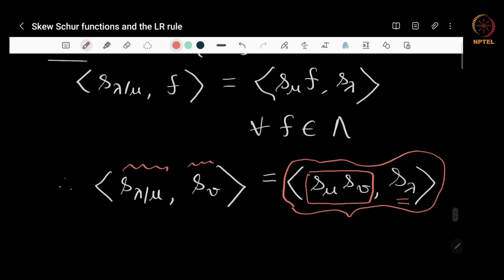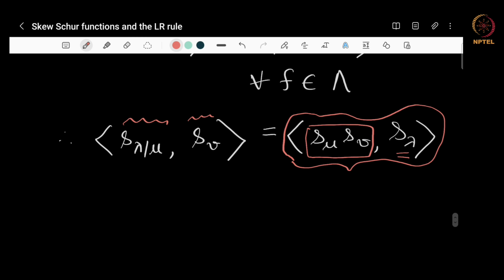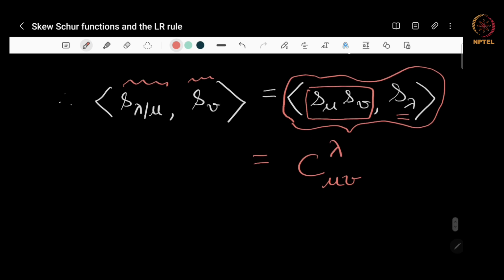Okay, so this taking a product of Schur functions and expanding them again, this is a very important problem. The question of how to decompose a product of Schur functions. Okay, so this guy has a name. This coefficient is denoted C mu nu lambda. Okay, and of course, what do we know about it?